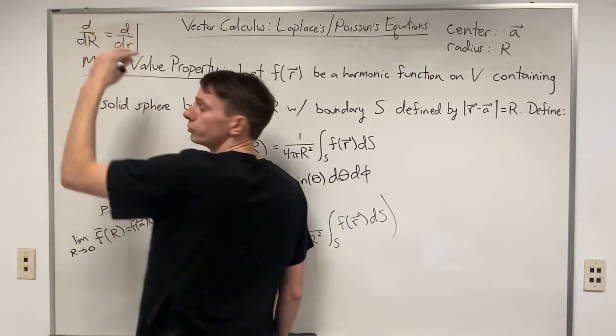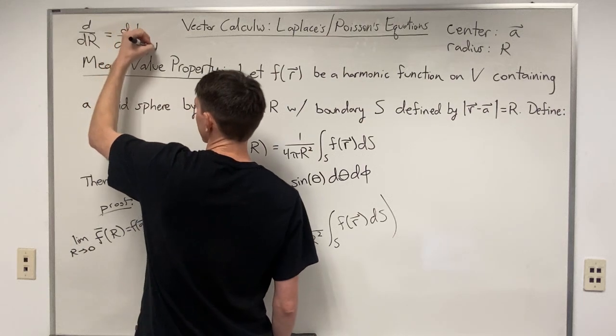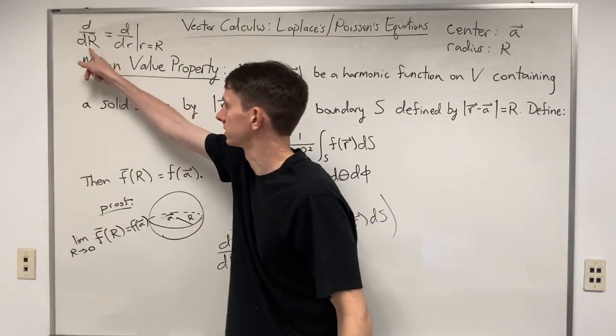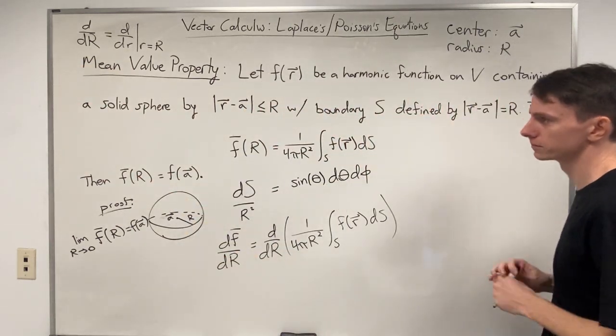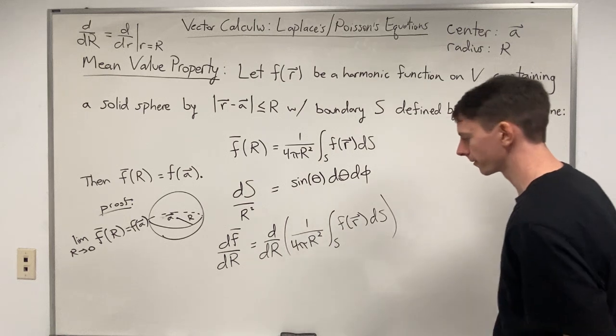And then once you've performed that derivative, you set whatever the value of little r is to be the radius itself. So that's just what this symbol refers to. Okay. So that's kind of what we have right here.